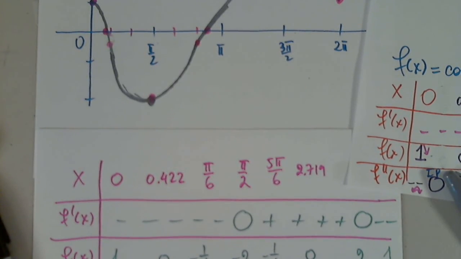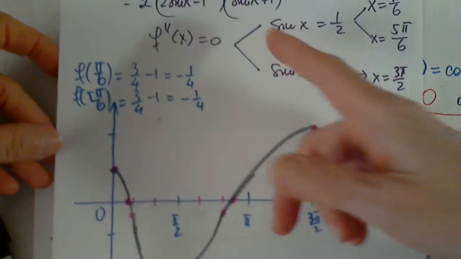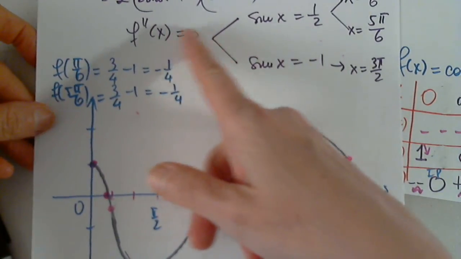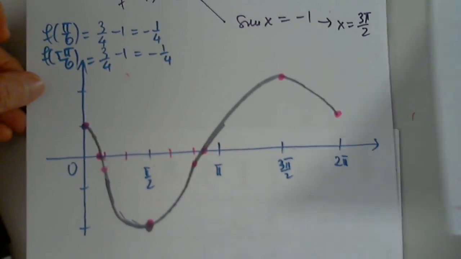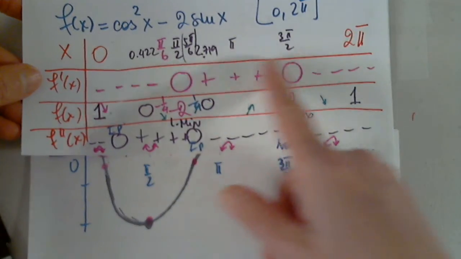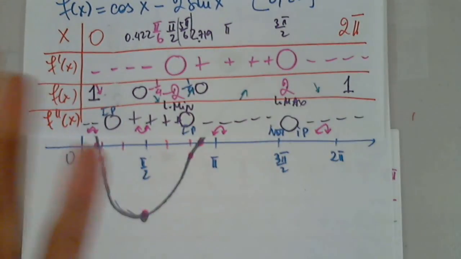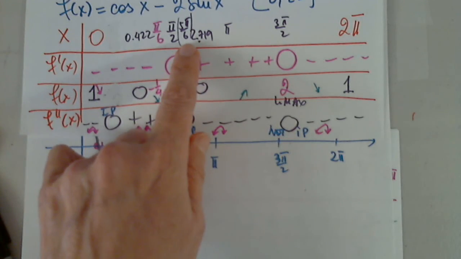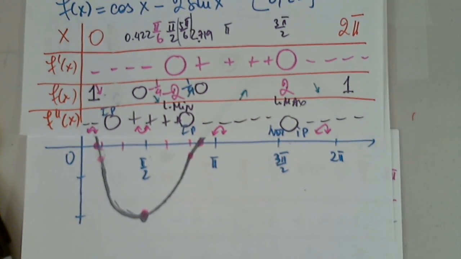It took, as I said from the very beginning, I warned you, these functions are a lot of work. And I'm glad that they worked out in such a way that the second derivative is nice, the first derivative is nice, but still you have to be very careful because you don't know the difference. It's difficult to tell the difference between 5 pi over 6 and 2.719.